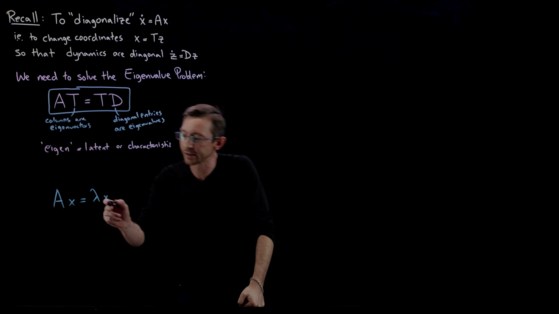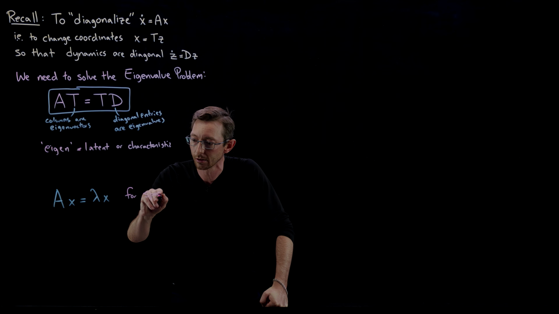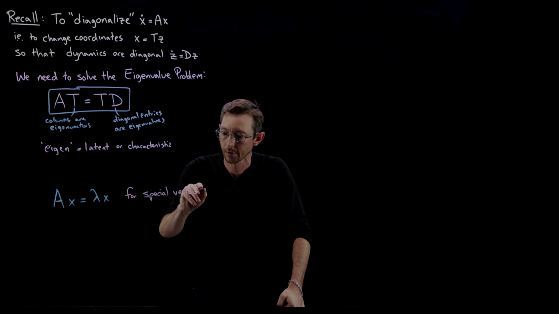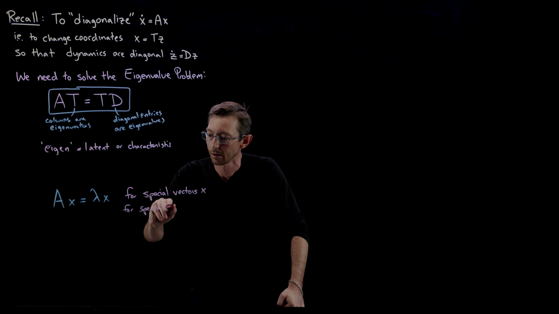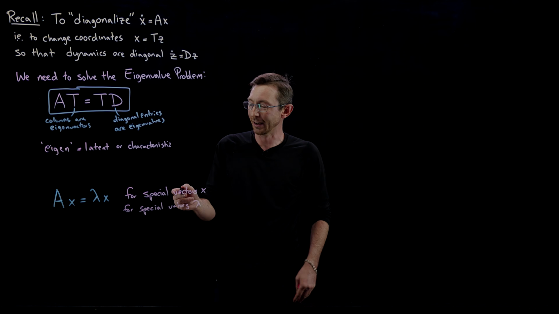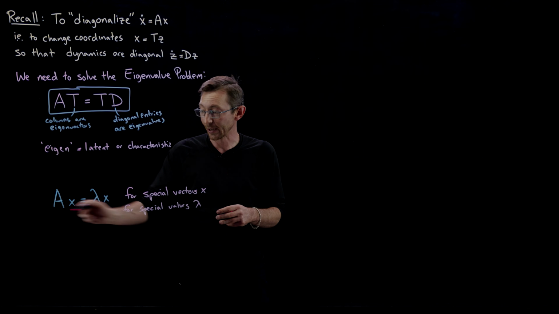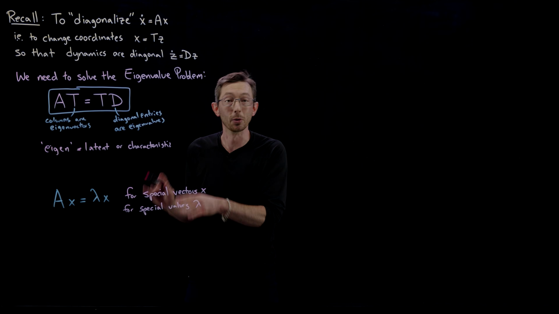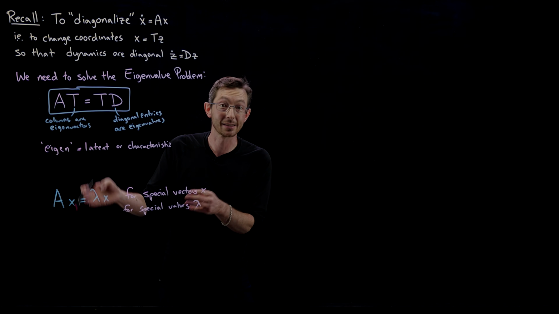But Ax equals lambda x for special vectors x and for special values lambda. That's kind of what I mean: these x are going to be eigenvectors. Those are special vectors where this is true, and lambda are special numbers where this is true. Not all lambda are going to satisfy this equation, and not all vectors x can satisfy this equation.